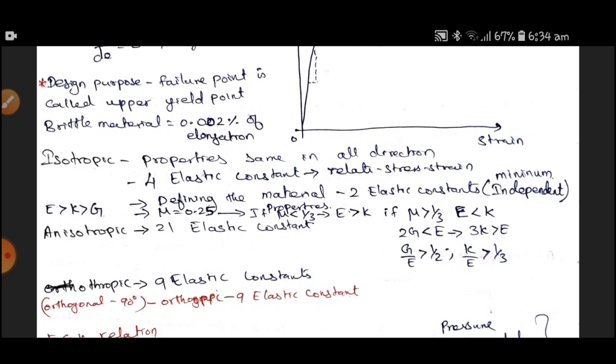Here, mostly Poisson ratio mu is equal to 0.25.